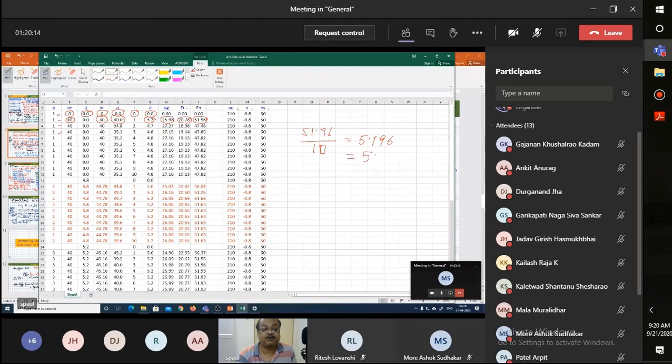So that 5.2 comes in. Next pass, AS remains 40. There was nothing from the previous pass, so total becomes 40. 40 minus this 5.2 becomes 34.8.